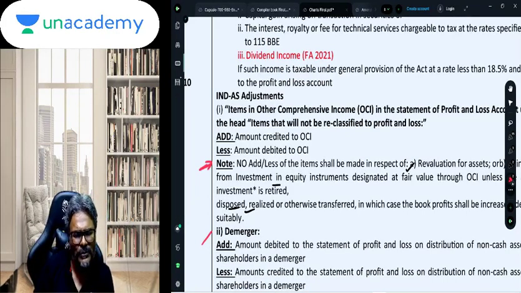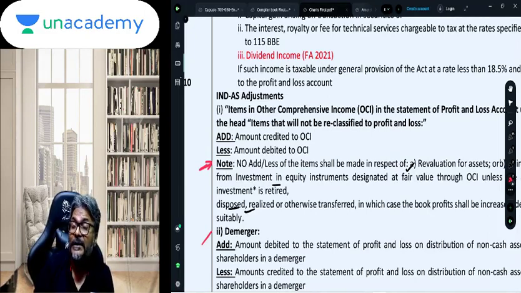Students could not understand that if the profit is already computed under 115JB subsection 2, then why are they giving you the Ind AS adjustment? Because the Ind AS adjustments are not under section 115JB subsection 2. The Ind AS adjustments are under 2A to 2D.